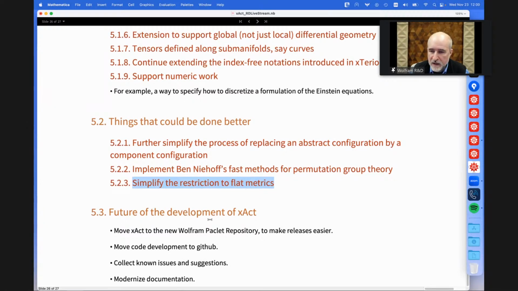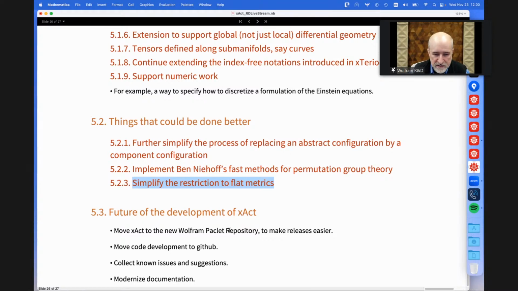And then about bookkeeping and practical methods, I'm planning to move xAct to the new Wolfram Paclet repository to make new releases easier. So you will just have to say update, or there is a new version, and it will update automatically.